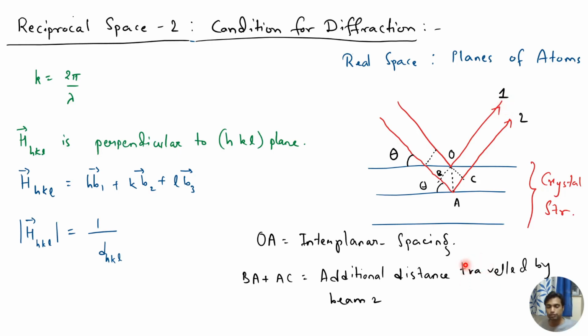So if you draw perpendicular lines from O, OB perpendicular to AB and OC perpendicular to AC, then the extra path that beam 2 has taken is BA plus AC. This is the additional distance traveled by beam 2.